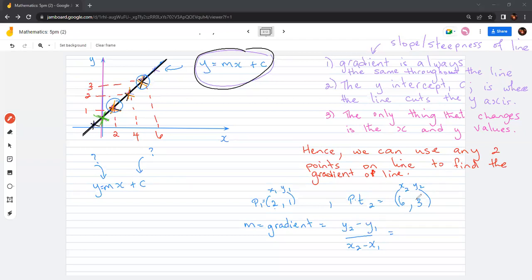So wherever I have y2, it's going to be 3. And wherever I have y1, I'm going to put 1. Wherever I have x2, I'll put 6. And wherever I have x1, I'll put 2.